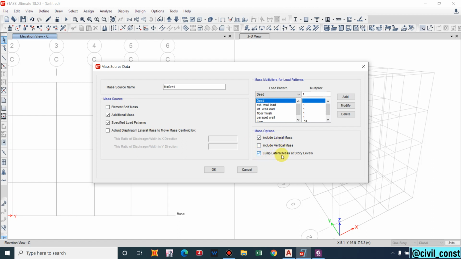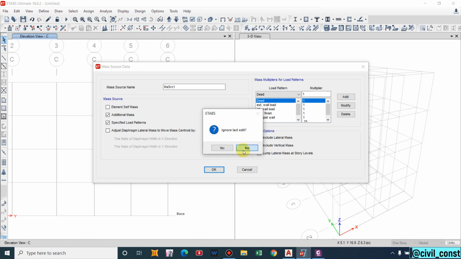By checking this box, all the assigned translational mass in global x and y direction and assigned rotation mass about the global z axis will be lumped together for a given story level. So basically it means that all the mass is lumped or accumulated at the story level. The z component being smaller, we do not include vertical mass. Include lateral mass ensures that the mass along x and y direction are included.